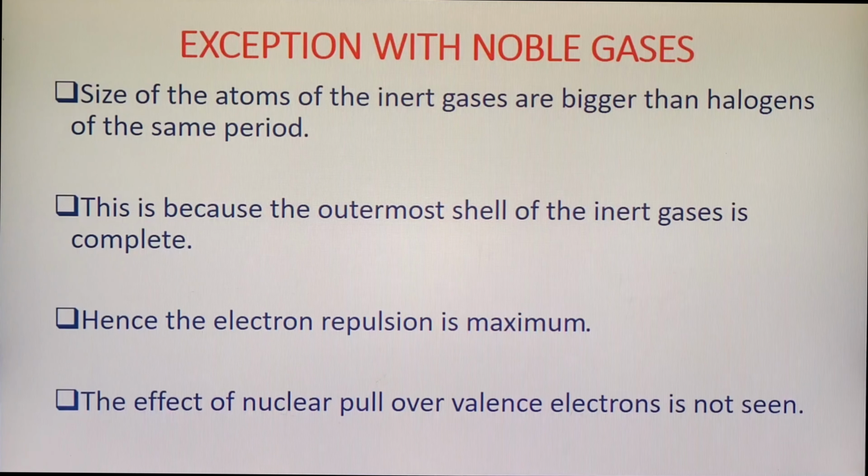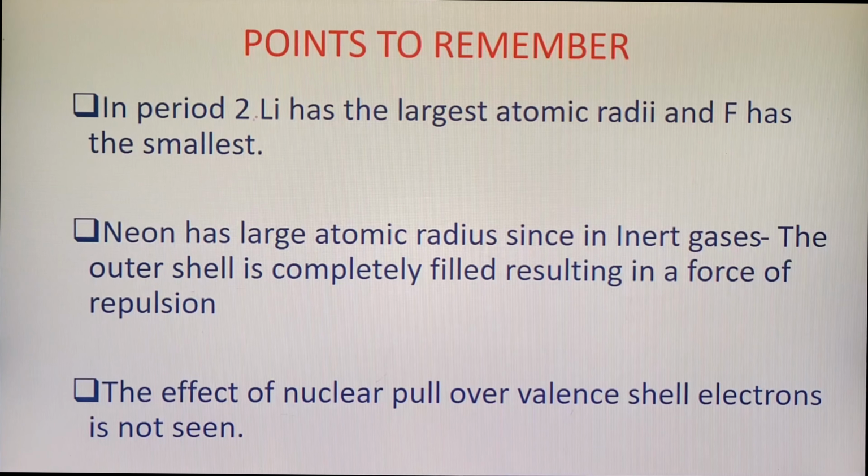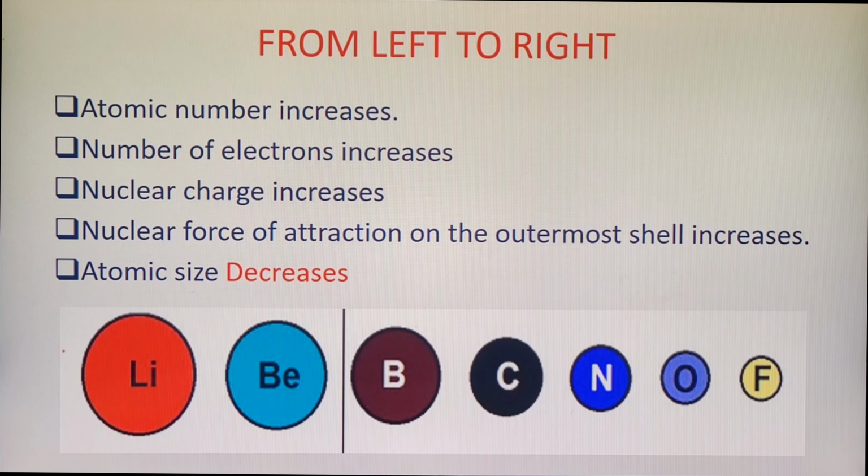Clear, children? So in period number 2, as I had shown you in the diagram, lithium has the biggest size, and fluorine's atomic size will be the smallest, because we know from left to right the atomic size is going to decrease.